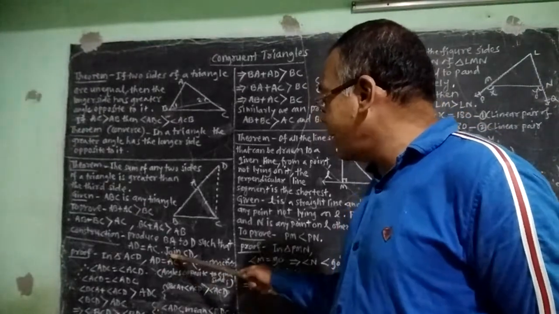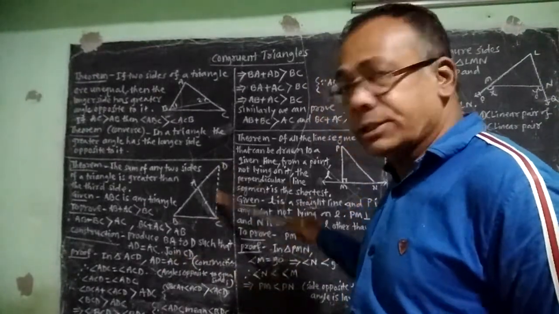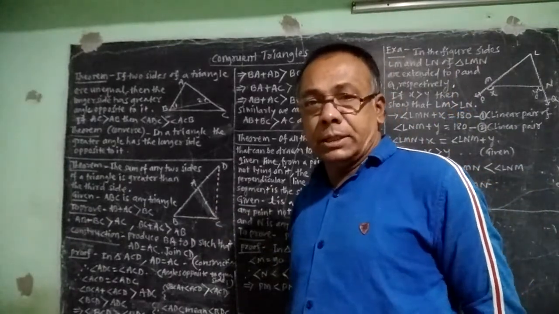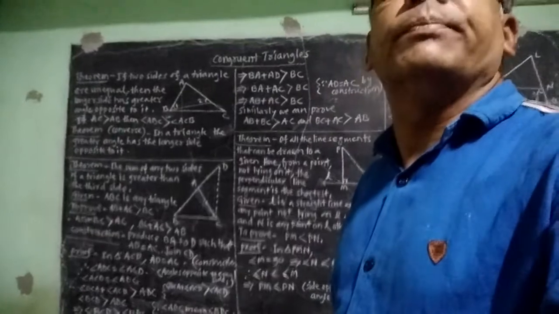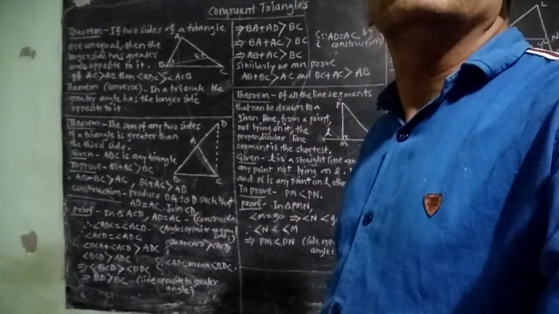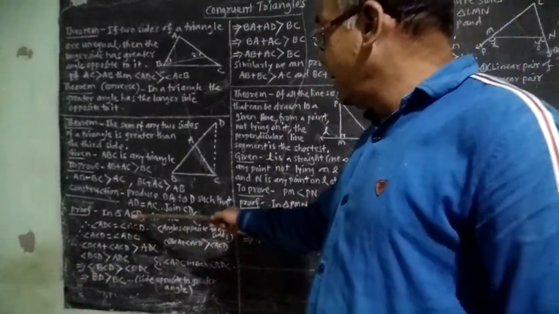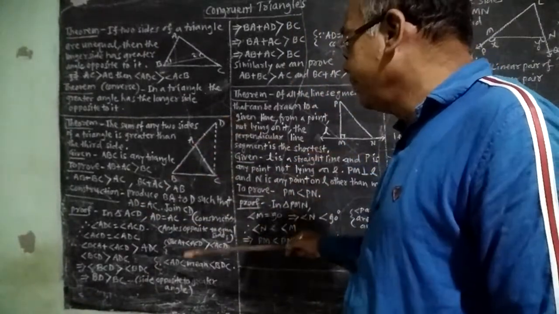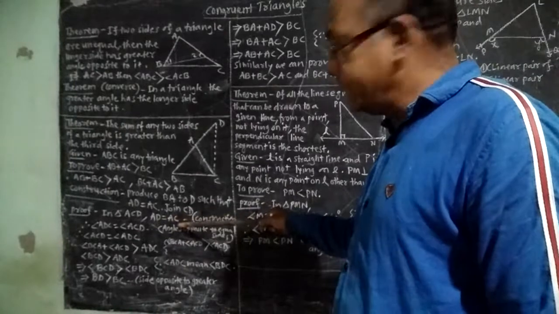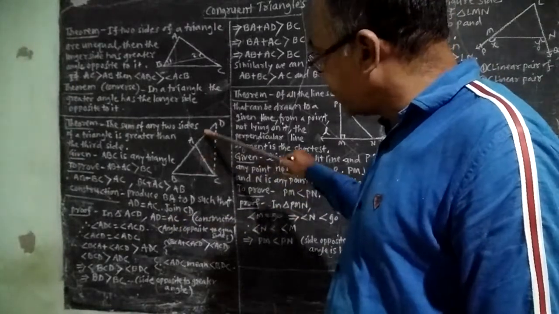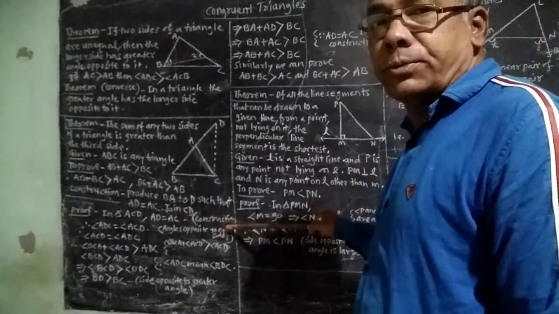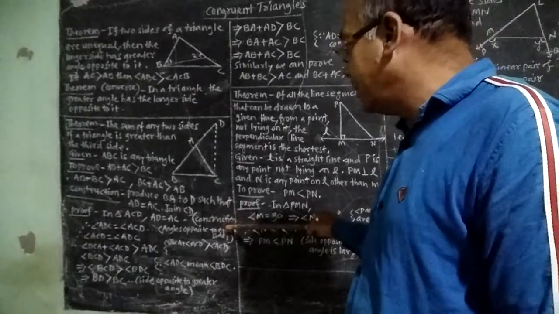Now join CD. Here CD is also joined, and now we will see the proof of this theorem. In triangle ACD, AD is equal to AC. These two sides are equal because of construction.